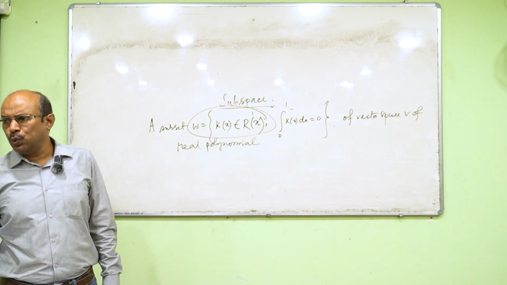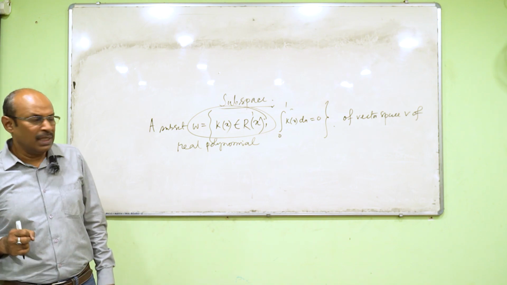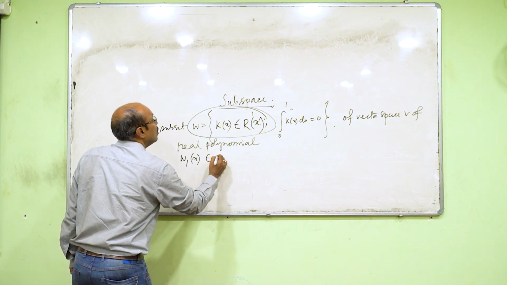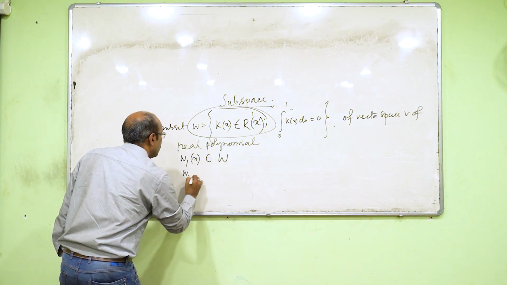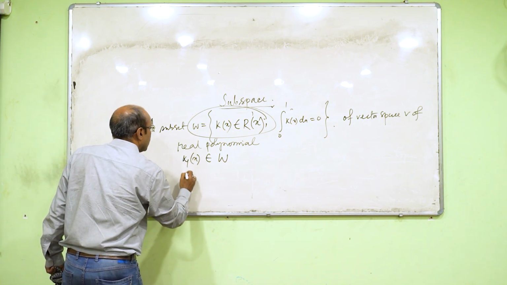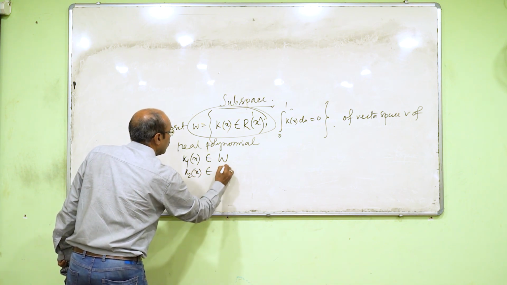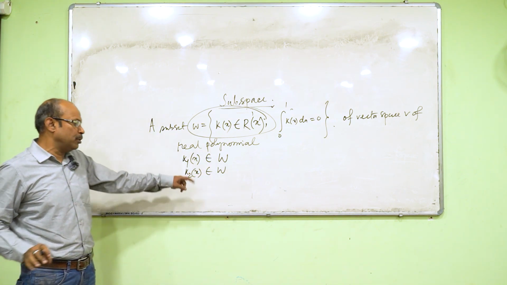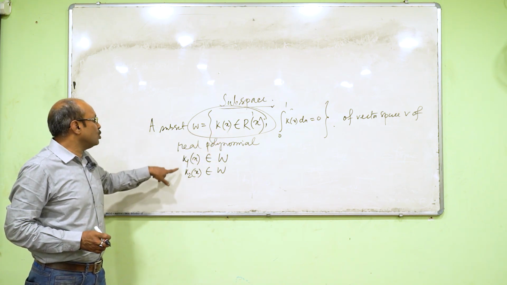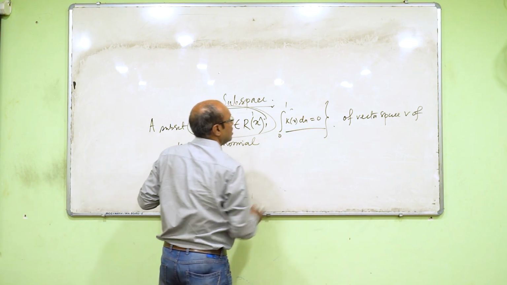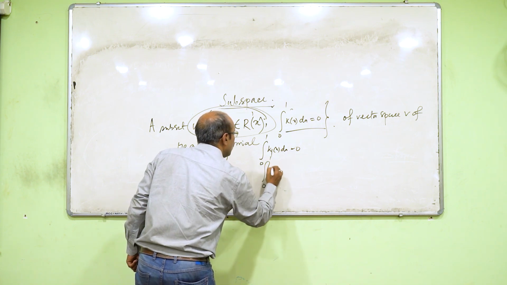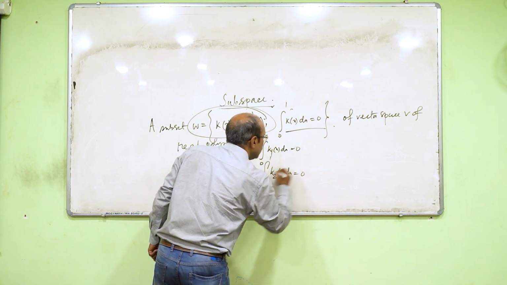We have to take two real functions from capital W. Let's suppose K1(x) and K2(x) both belong to capital W. If K1(x) and K2(x) both belong to capital W, then both functions must satisfy the relation, that is, the integral from 0 to 1 of K1(x) dx equals 0 and the integral from 0 to 1 of K2(x) dx equals 0.